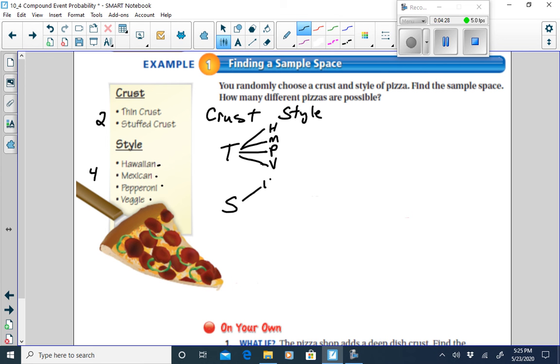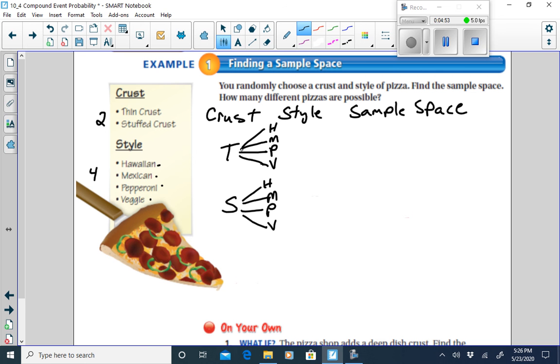I can have a Hawaiian stuffed crust, a Mexican stuffed crust, a pepperoni stuffed crust, or a veggie stuffed crust. The tree diagram allows us to create our sample space, and the sample space is the list of all the possible outcomes.